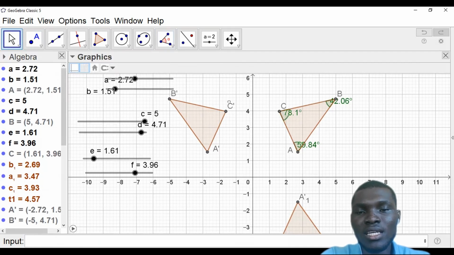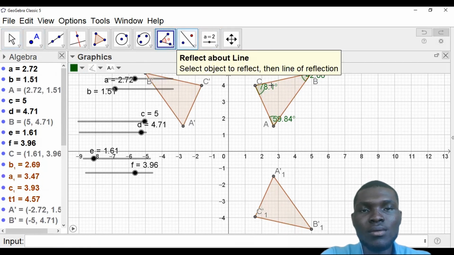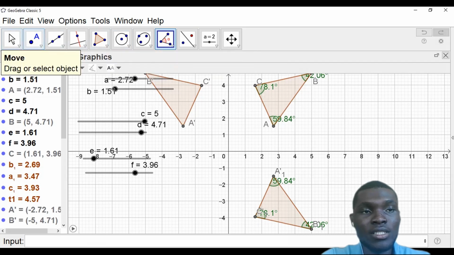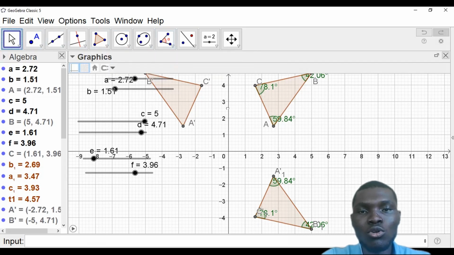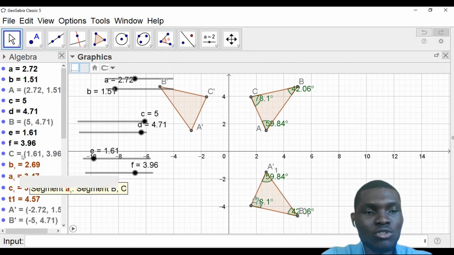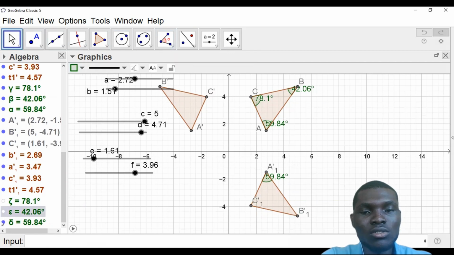And let's measure them to see if it's the same. Find out that the angle formed at A is 59.84, the same for A prime and the rest. So now what I want you to notice here is that whatever I do to the original triangle happens to the replicated triangles.